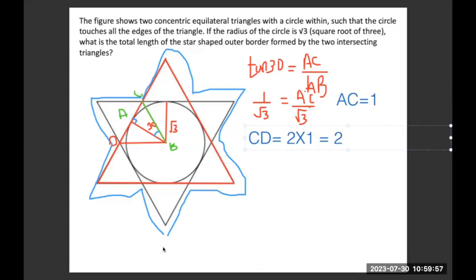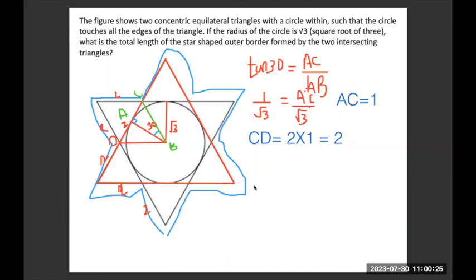Now all I have established is ये मेरा 2 units है, ये भी मेरा 2 units होगा, ये भी 2 units होगा, ये भी 2 units होगा. Likewise, all these edges, all these small parts will be 2 units. And what I have to find is the total length of the outer border. कितने parts है outer border बनाने के लिए, ये दो units के कितने parts है.